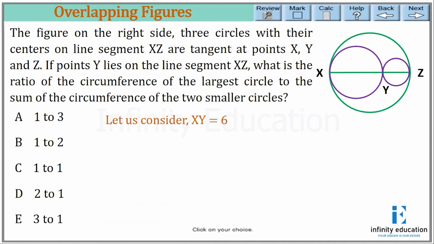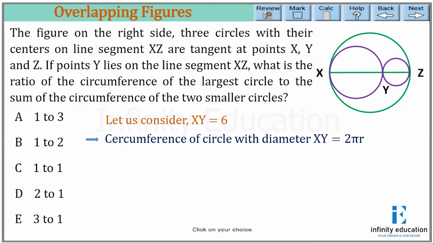So let us consider XY as 6. I have considered it, but you can take anything. If XY is 6, which is the diameter of one of the circles, the circumference of the circle with diameter XY is 2 pi r, and with the diameter XY as 6, the circumference is 6 pi.